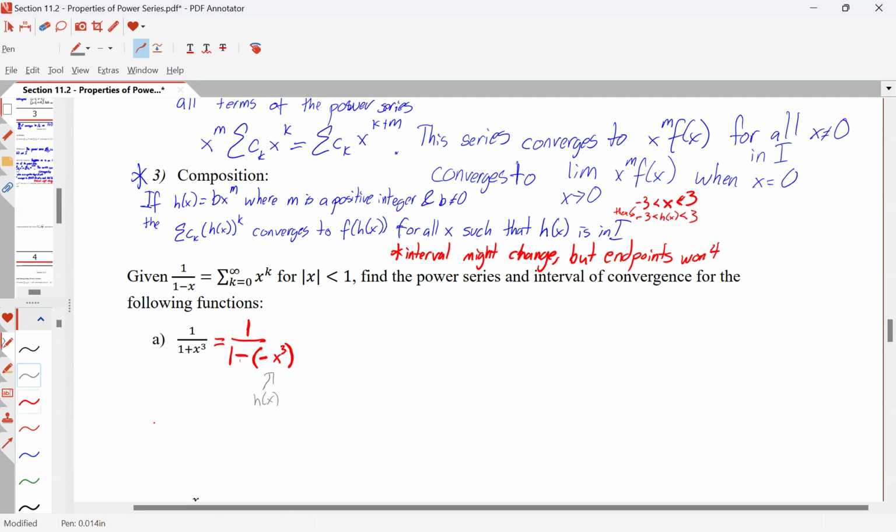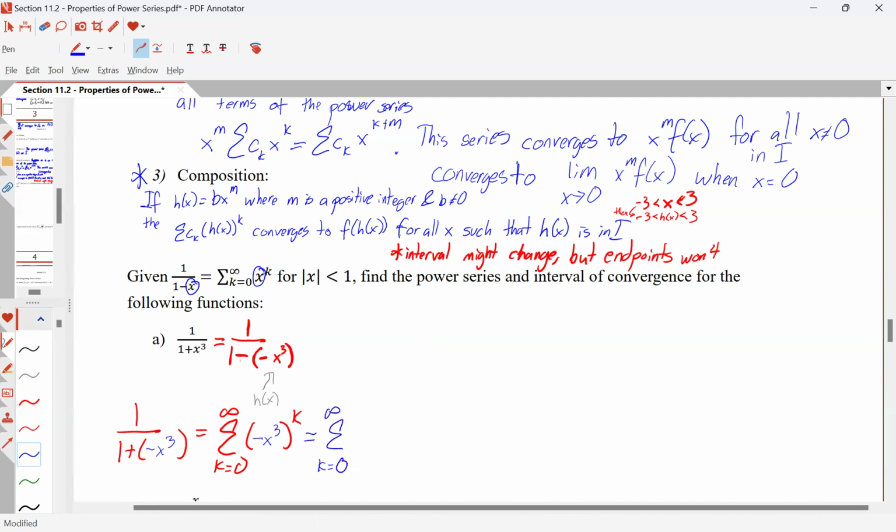Meaning 1 over 1 plus negative x cubed is equal to the series k equals 0 to infinity of the thing inside those parentheses, the negative x cubed. I have that x and I have that x. That x has become a negative x cubed. And for our power series, we really like to rewrite it so that everything has the power.